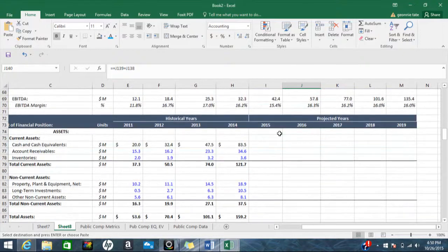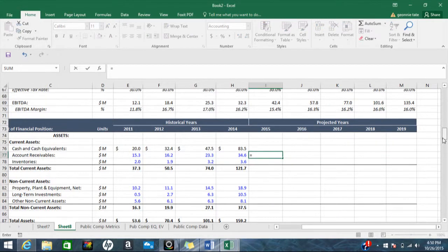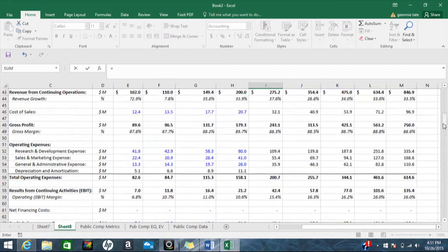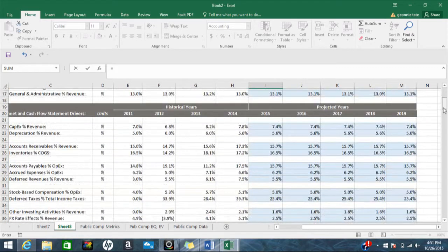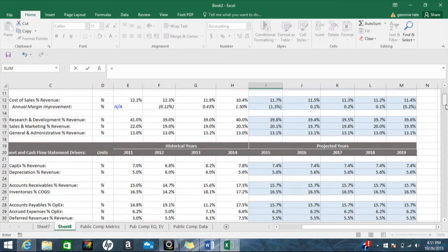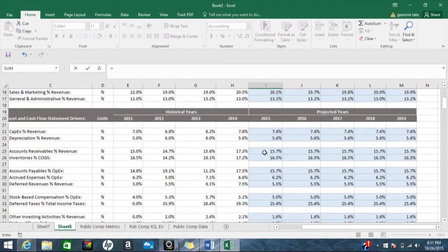So the only thing I'm doing now is starting at accounts receivable and using my metric to calculate the projected years for this line item. So I go up, take my accounts receivable as a percentage of revenue and multiply it by revenue.